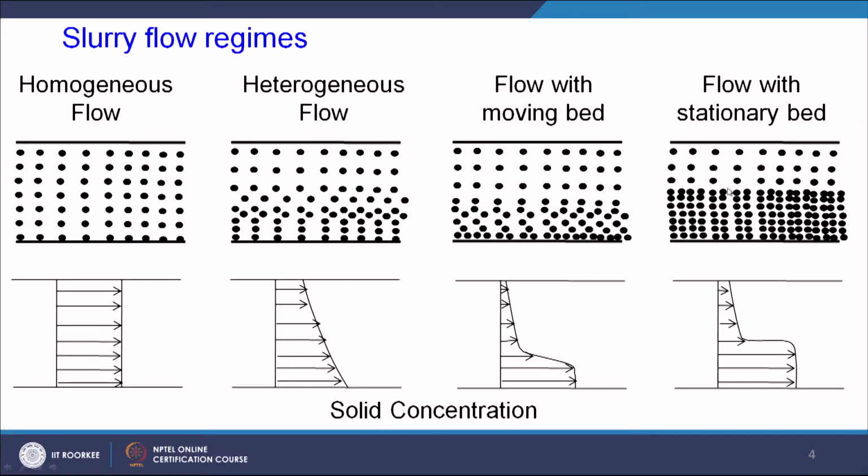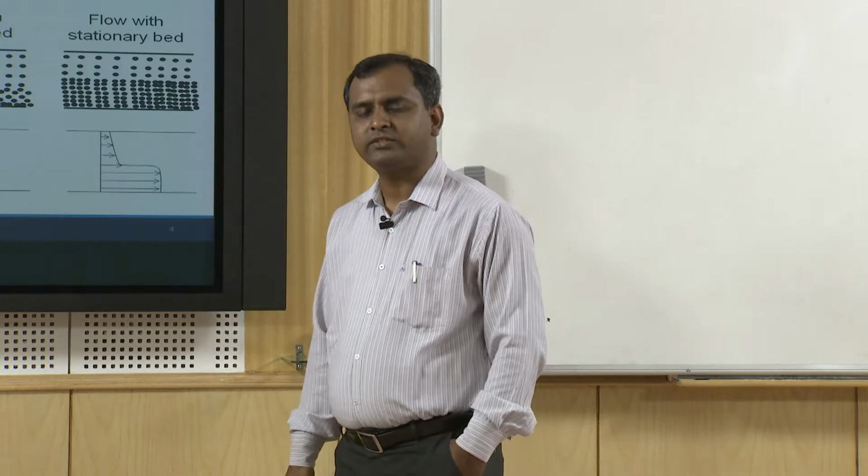If we plot the solid concentration, it has a very high concentration at the bottom, which is stationary, and above it we have moving slurry. The thickness of the higher concentration layer is far greater compared to the lower one. So, these four regimes we can see: homogeneous, heterogeneous, moving bed and stationary bed in a slurry pipeline.